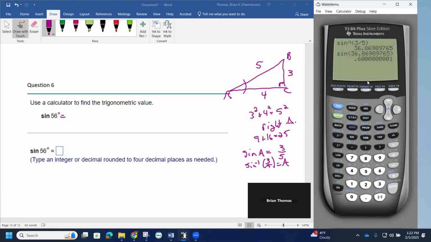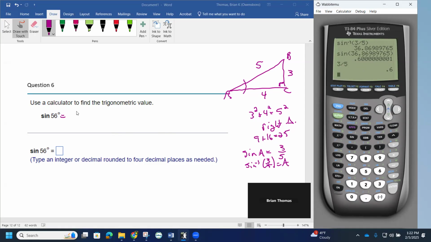So it gives me 0.6000001, if you will, but notice how the calculator does not change it to a fraction, it turns it into a decimal. So notice that 3 divided by 5 is going to be 0.6. So this would give me basically the same ratio.